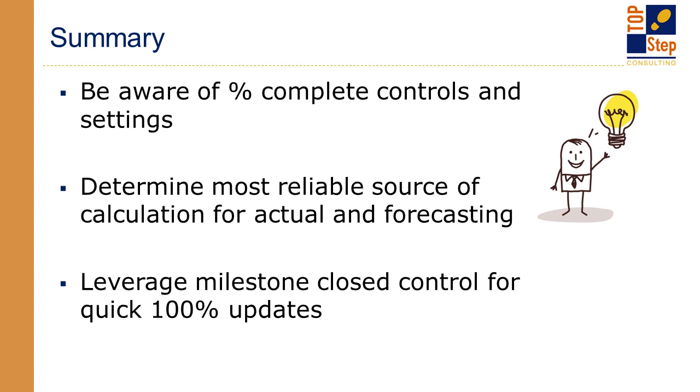Just make sure that you've got a good handle and you're aware of what's enabled and what's set within the UI so that you're understanding where your data is coming from and why it looks the way it does. Determining the most reliable source of calculation for actuals and forecasting. So again, defining what it is you need within the organization and what sort of data you need to look at, and that will make sure that you've got the correct settings in place to support that.